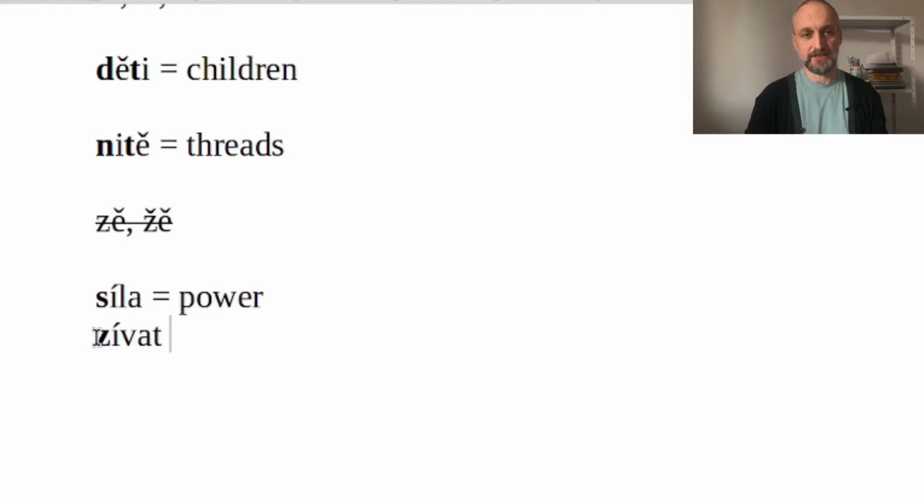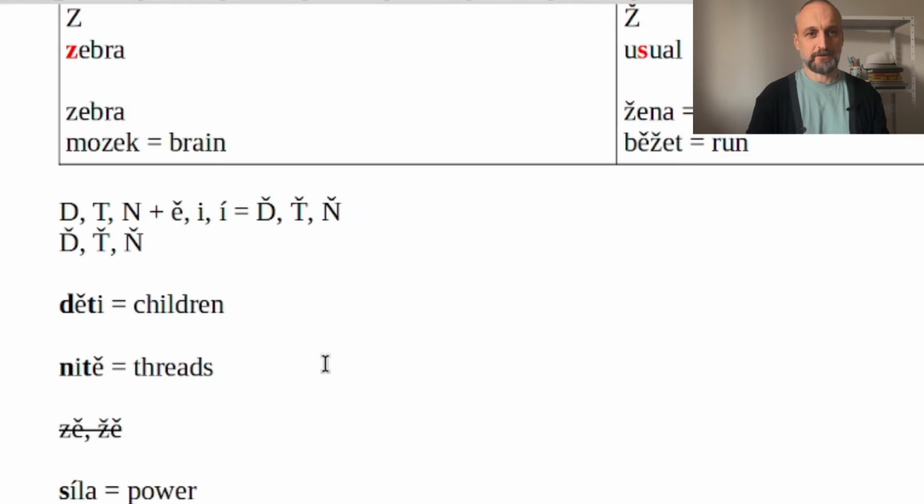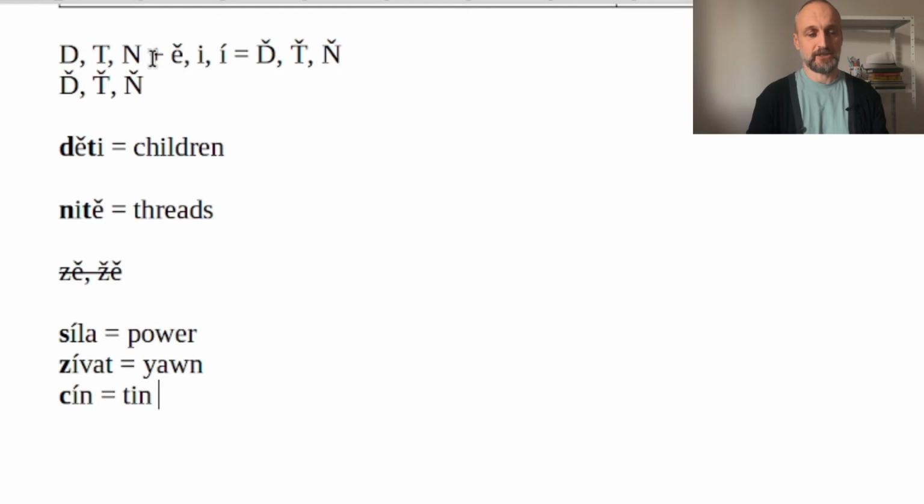So again, it doesn't change, and it is to yawn. And the last example that I'm going to give you is this word, and it's pronounced cín, and that's tin as the material. So it's very important to remember that d, t, n change if they are followed by these tricky vowels, but c, s, z don't change.